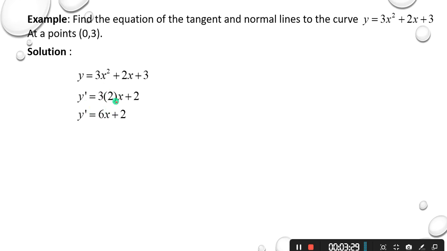Using the power formula, 3 times 2x plus 2 gives us 6x plus 2.